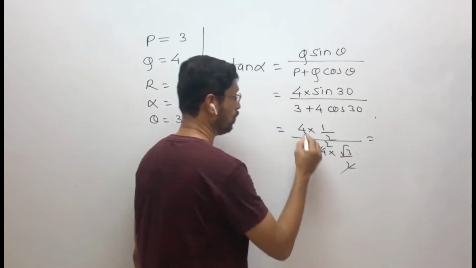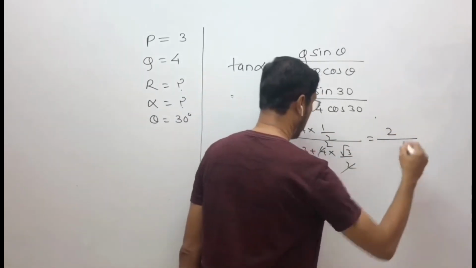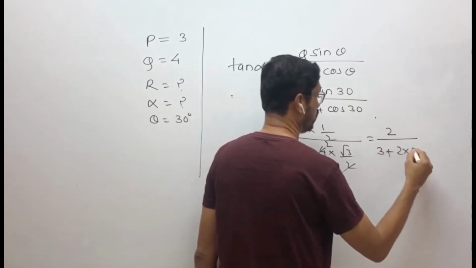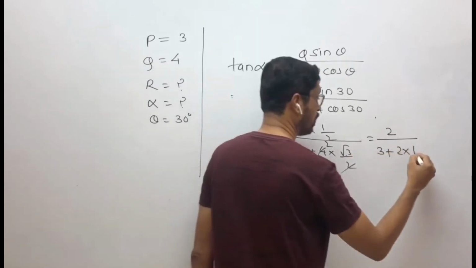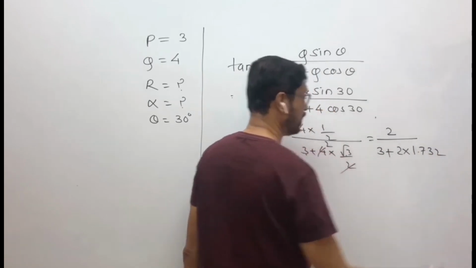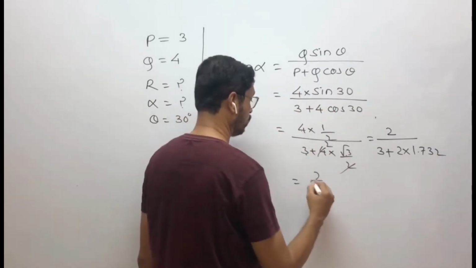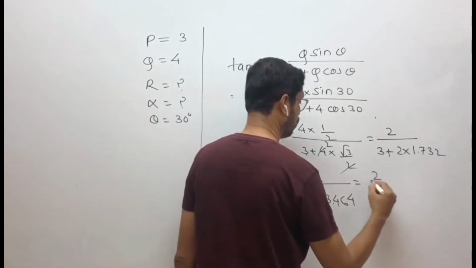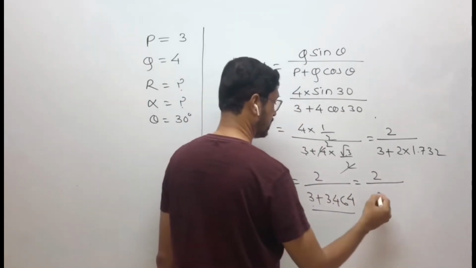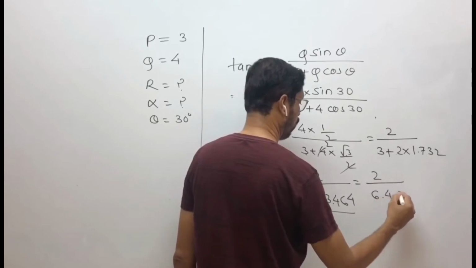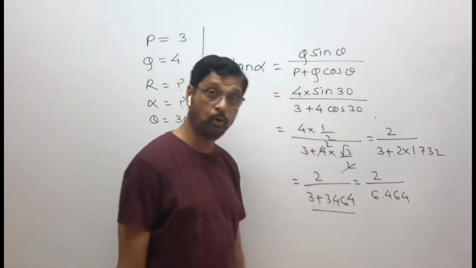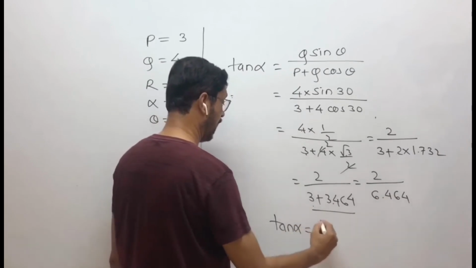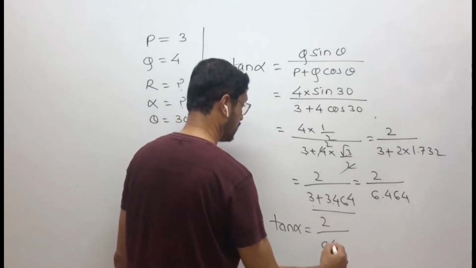This is equal to 4 into half, that is 2 upon 3 plus 2 into root 3 की value 1.732, that is equal to 2 upon 3 plus 3.464, that is 6.464.